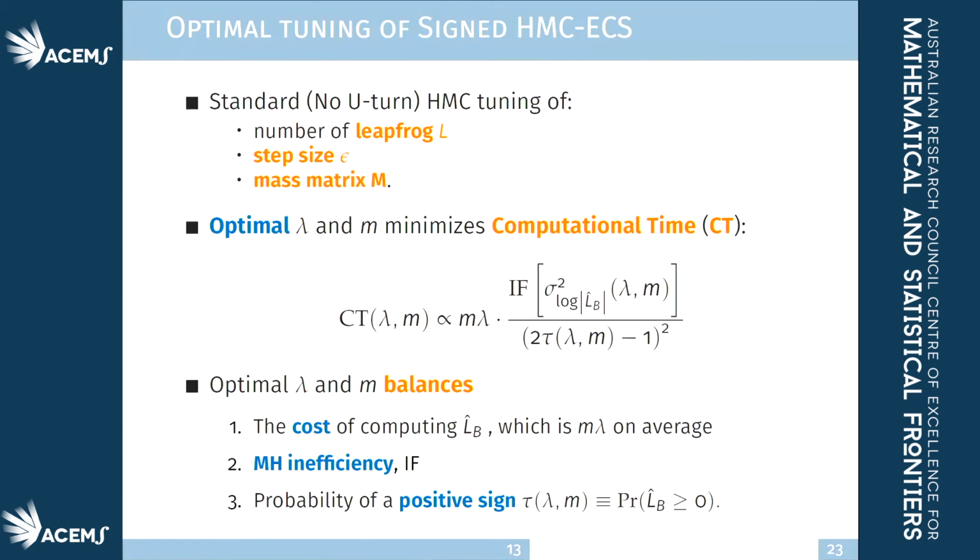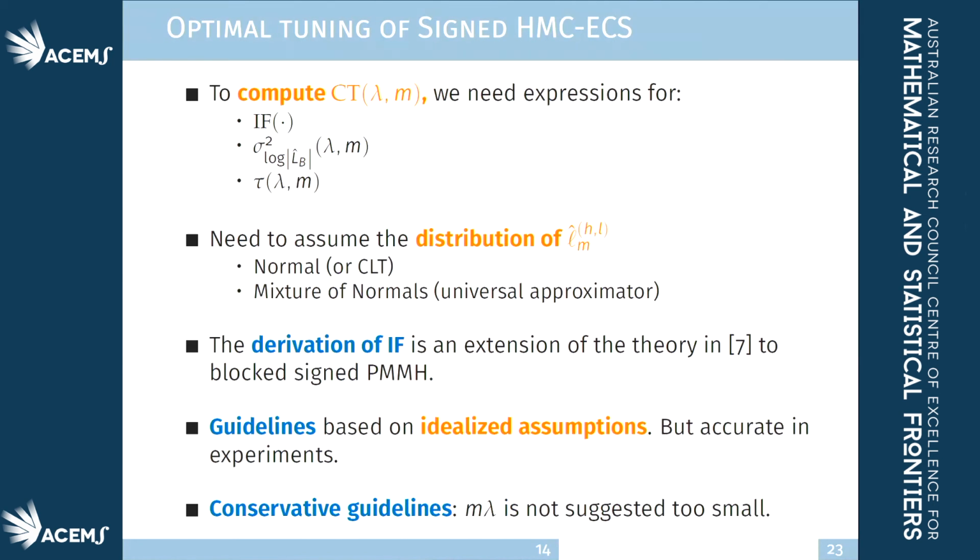So optimal lambda and m balance the cost of computing LB hat, which is m lambda on average, the Metropolis-Hastings inefficiency, and also the probability of a positive sign, right? So we need the inefficiency, we need the variance, and we need the probability of positive sign, and then we optimize to get some optimal value.